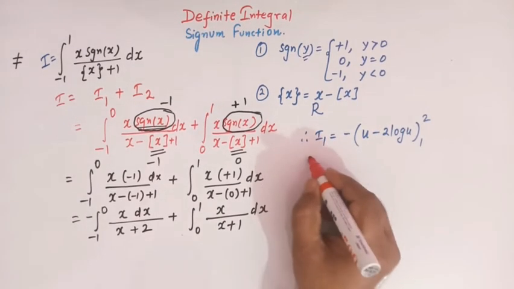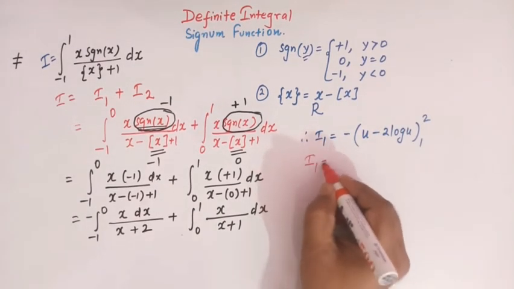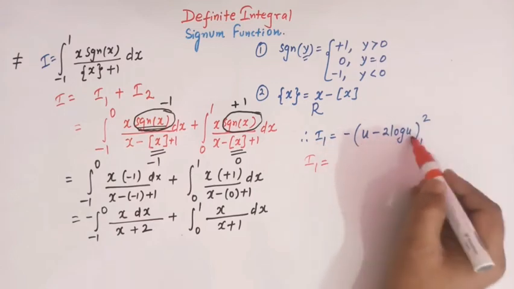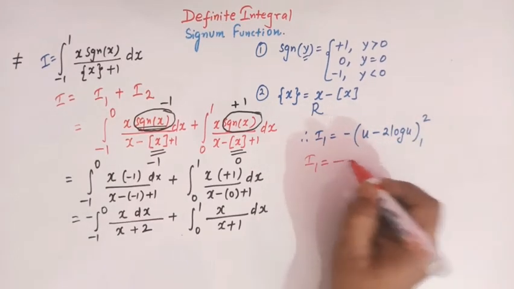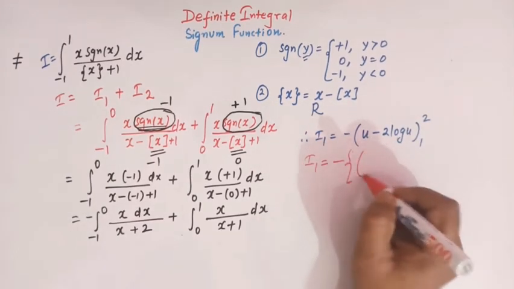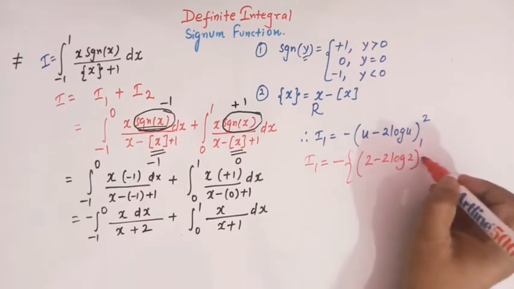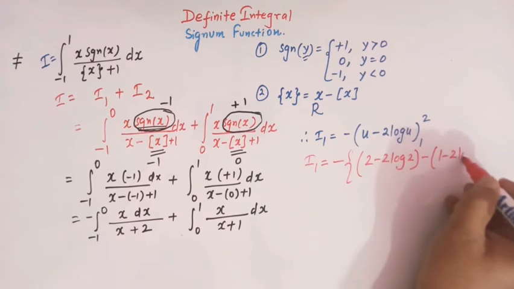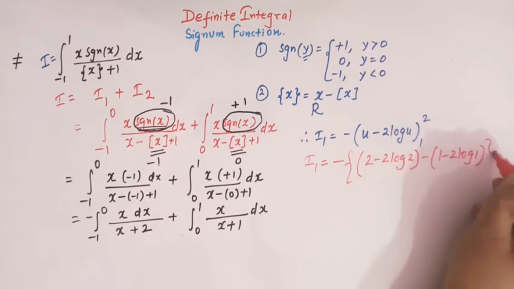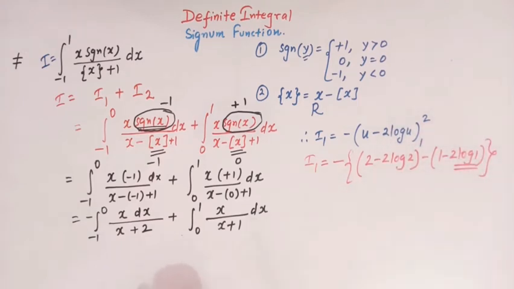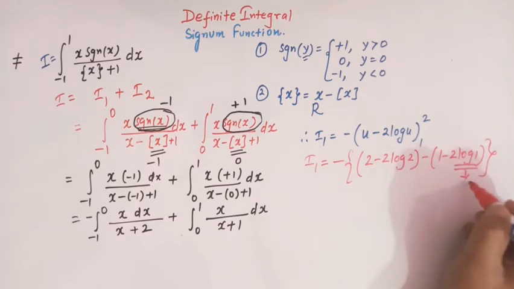So now let us find the value of I1 by substituting the limits, and we'll take the difference. So we have minus, and we have 2 minus 2 log 2 and minus 1 minus 2 log 1. And the value of log 1 is 0, so this term is 0.